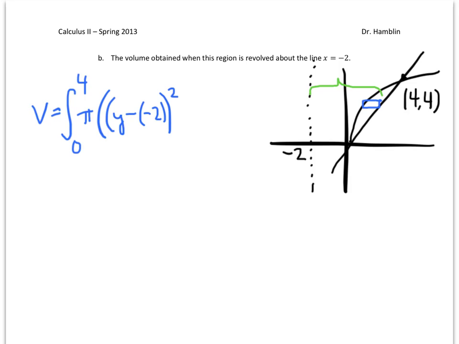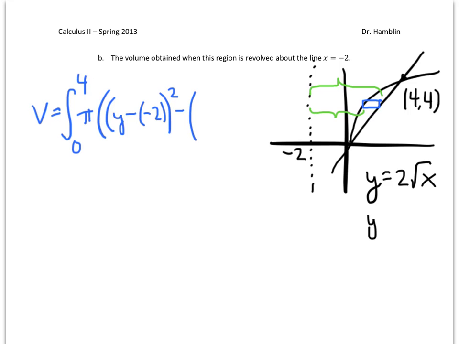And that's my outer radius, so I square that, minus the inner radius. Well, the inner radius is going to be the distance from the left end of the rectangle to my axis of rotation. And the left end of my rectangle is, well, let's see, I've got it as y equals 2 radical x. But since I'm integrating with respect to y, I've got to solve that for x.